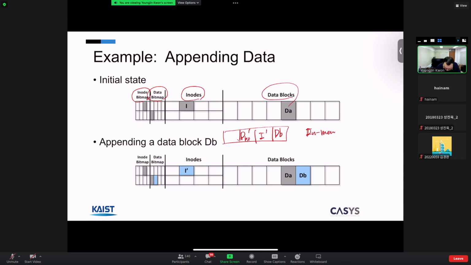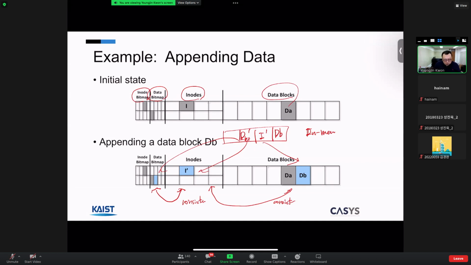Then they are persisted to disk. Then this information and this information have to be consistent. That's the definition of crash consistency.